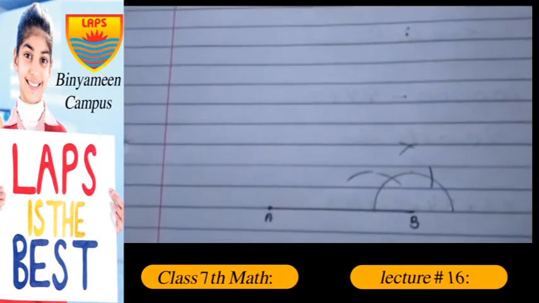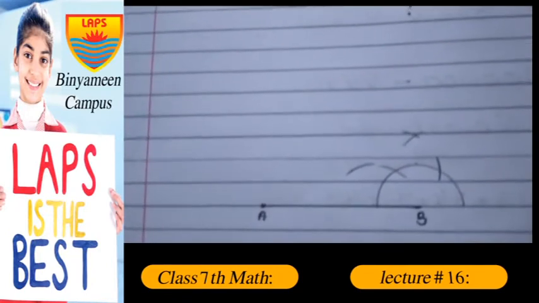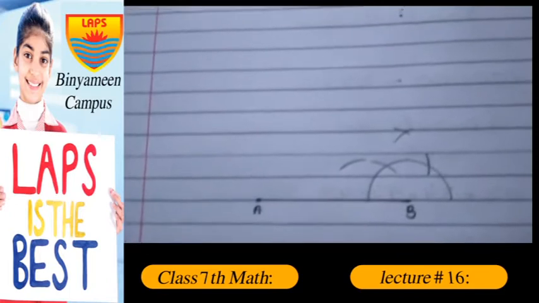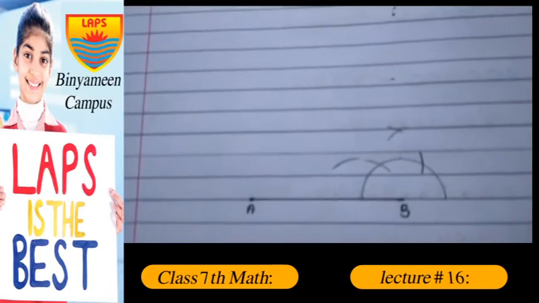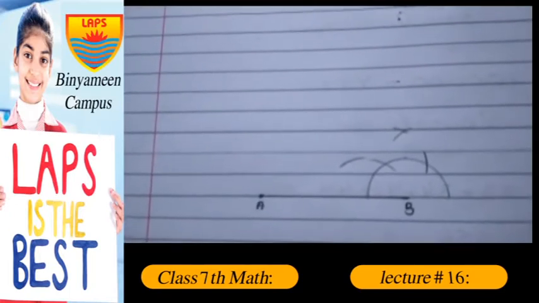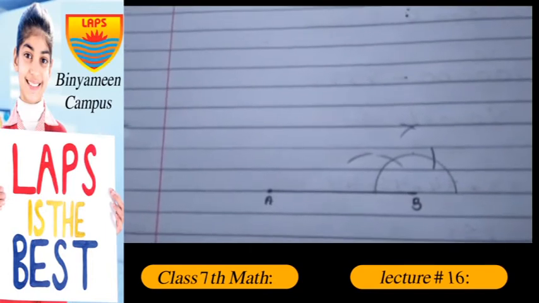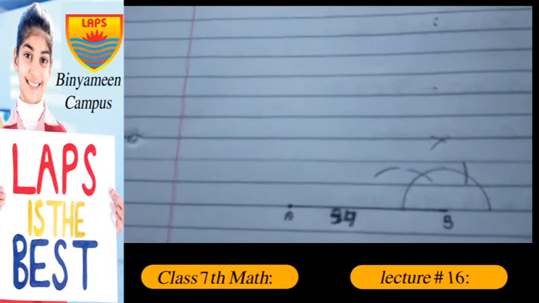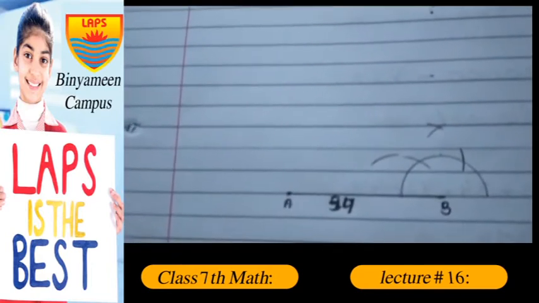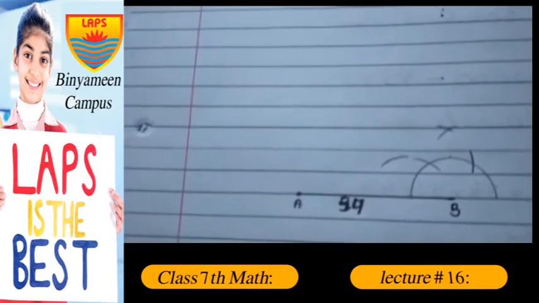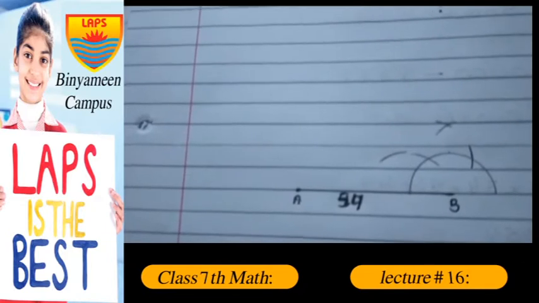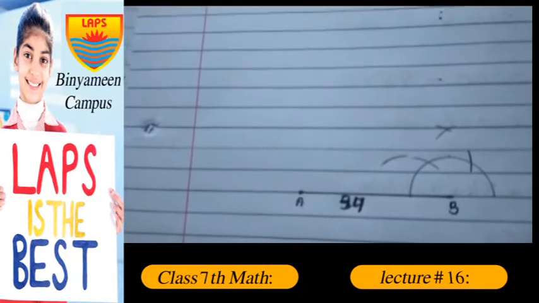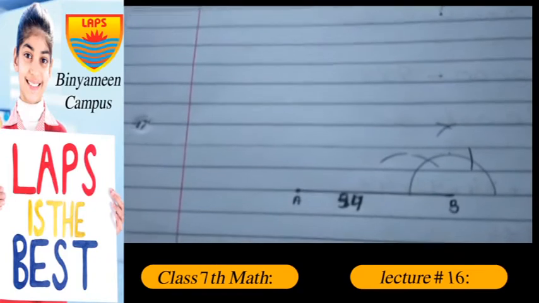All students should write all steps of construction of this diagram. First, draw a line segment AB of 5.4 centimeter. Step 2, at point B construct an angle of 45 degree with the help of compass.